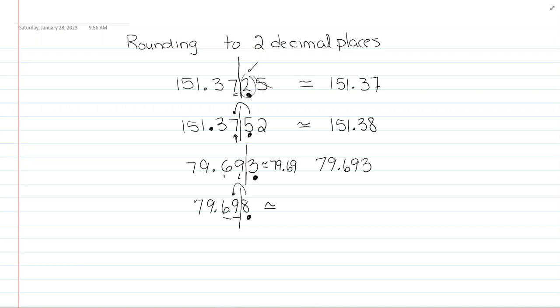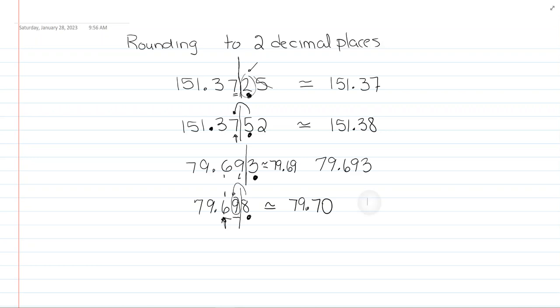So the 69 then becomes 70 to 2 decimal places. So the only reason this number got impacted was because this was a 9, and when I bump it up 1 unit, that becomes a 10. So 0, and then add the 1 here, 6 and 1 gives me the 70.